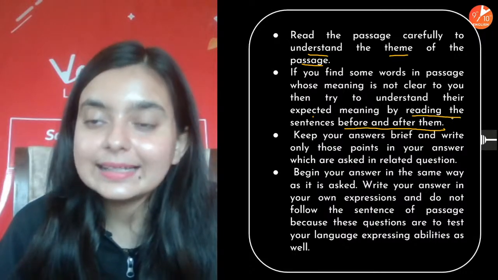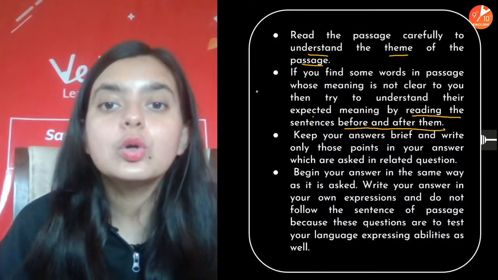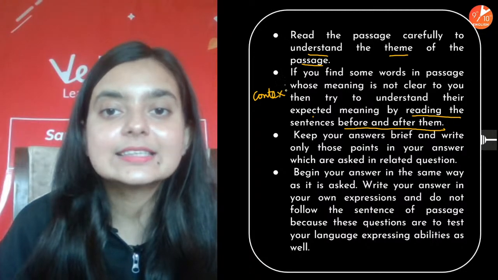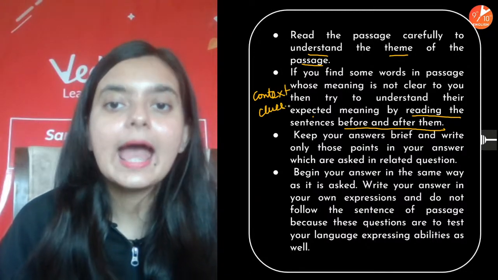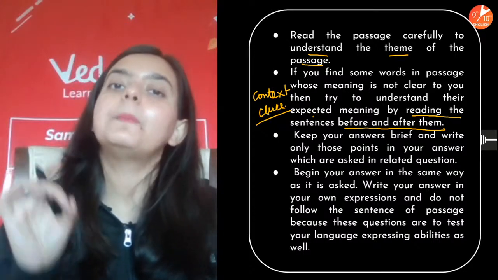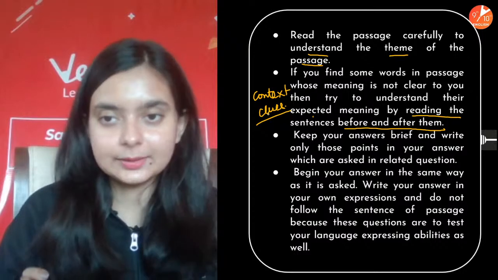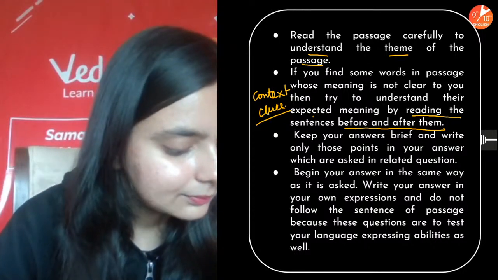If you read the sentences surrounding the unfamiliar word, you will get context clues. And with the help of the context clues, you will be able to puzzle out the meaning of the unknown or unfamiliar word. Am I clear?